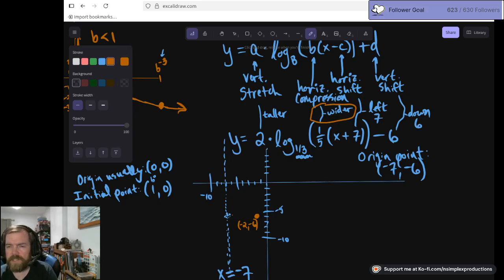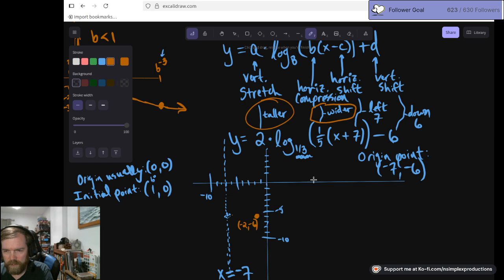Increase the exponent means we move up 1. But in this case, our vertical stretch factor is saying that we need to go taller, so our exponents are going to be doubled compared to how we normally do this.